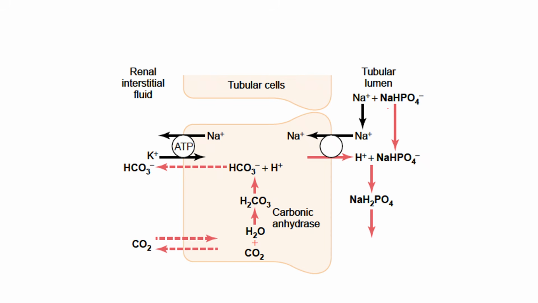So hydrogen phosphate is filtered in the tubular fluid, fuses with the secreted H plus, and this dihydrogen phosphate is excreted in urine. For this dihydrogen phosphate, we get 1 new bicarbonate synthesized. So for every bicarbonate synthesized newly, we secrete 1 H plus, which binds with sodium hydrogen phosphate to form sodium dihydrogen phosphate.